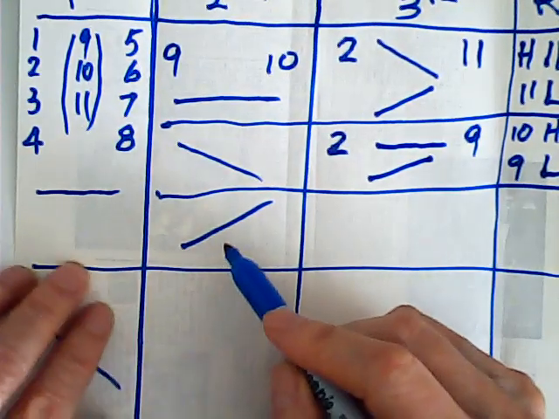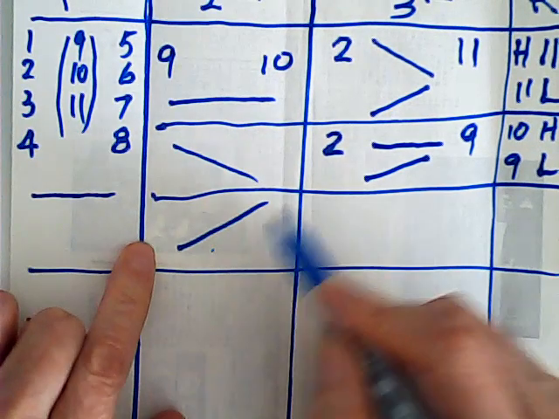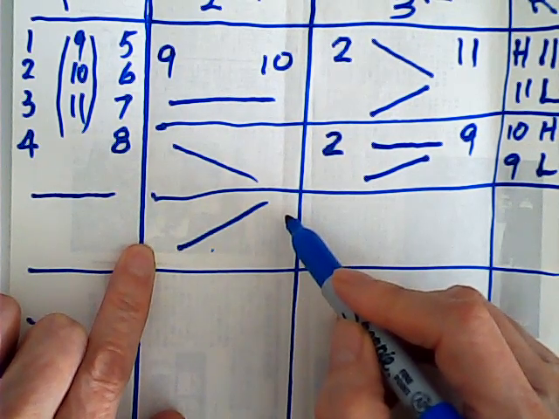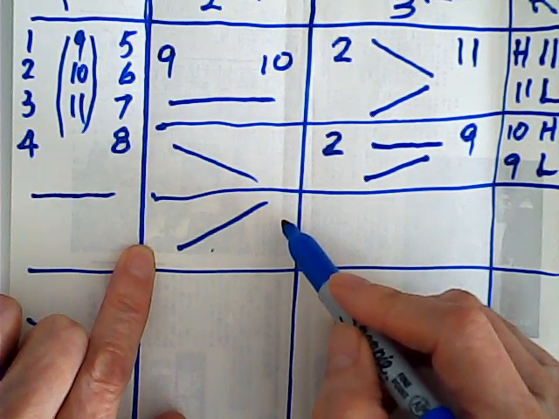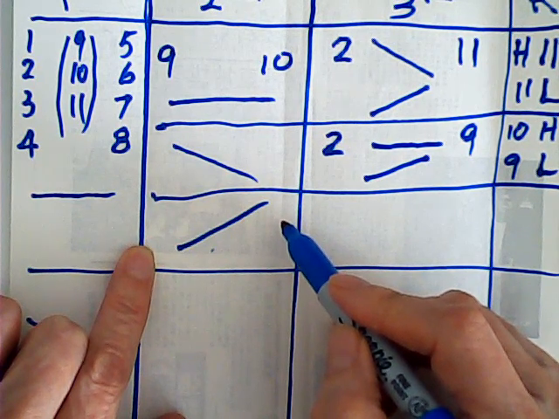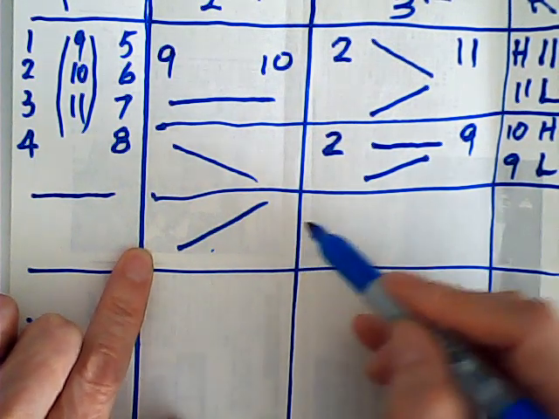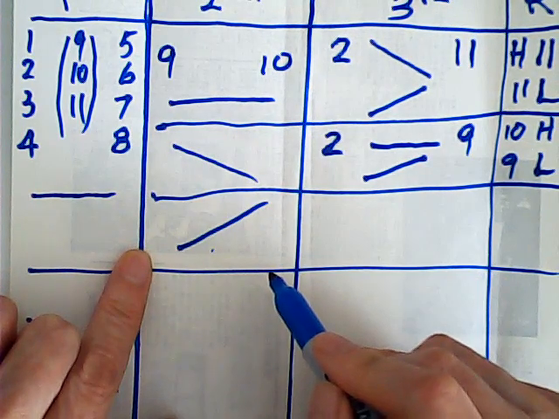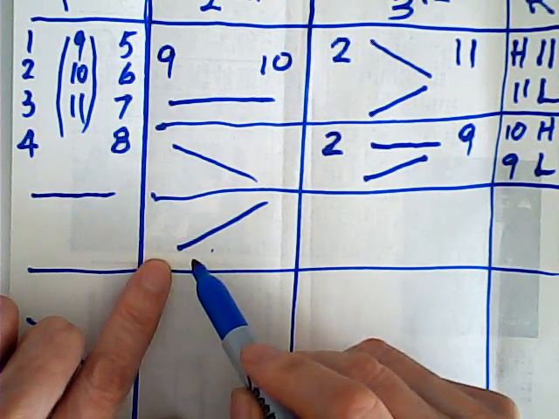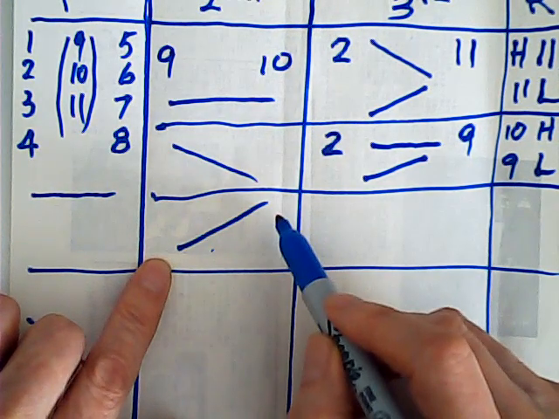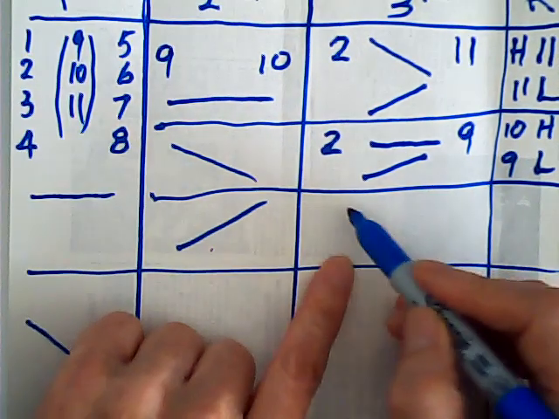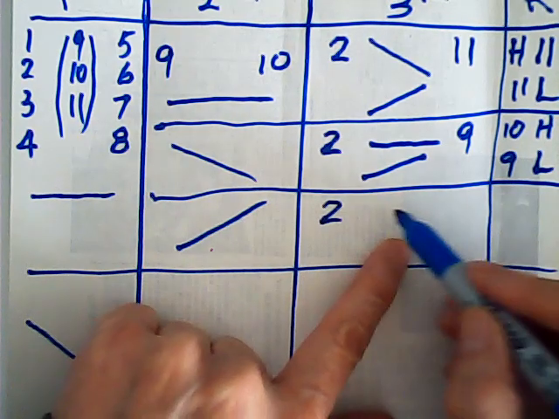If the second weighing shows the other way, with this side 9 and this side 10, that means 9 could be heavy or 10 could be lighter. So I balance with 9.